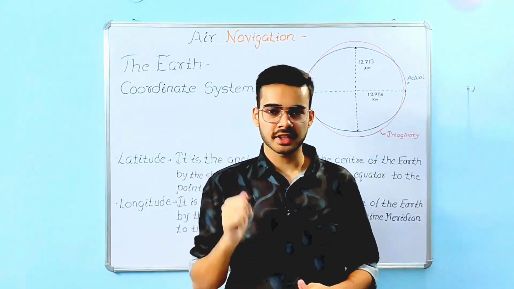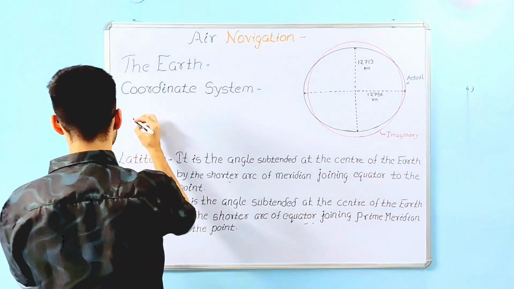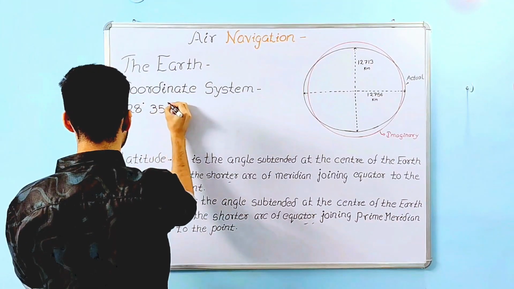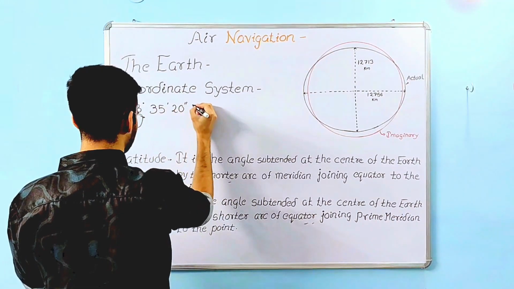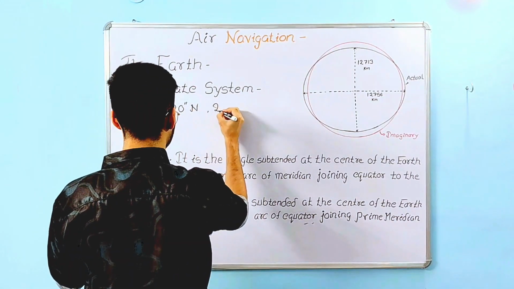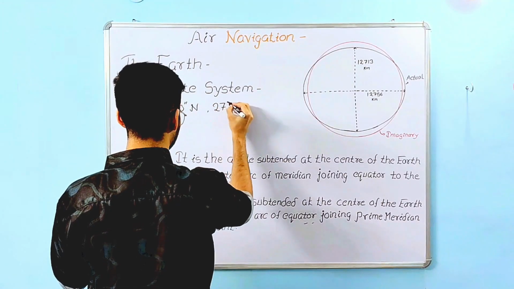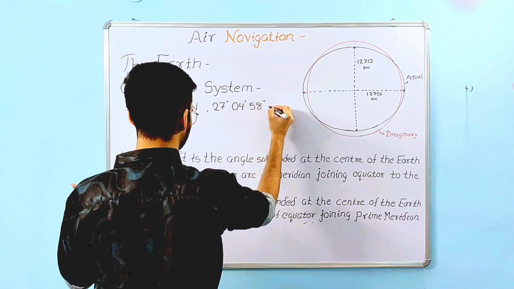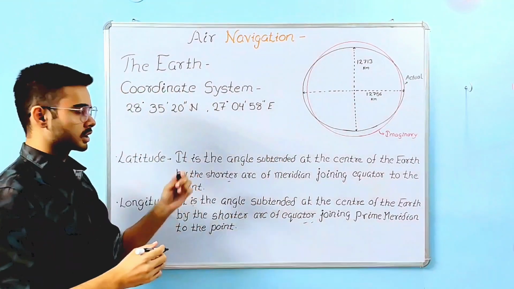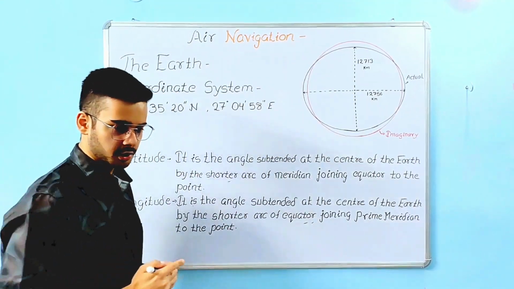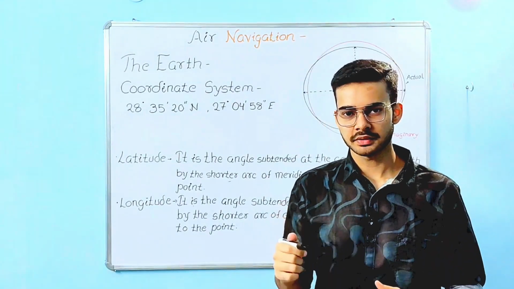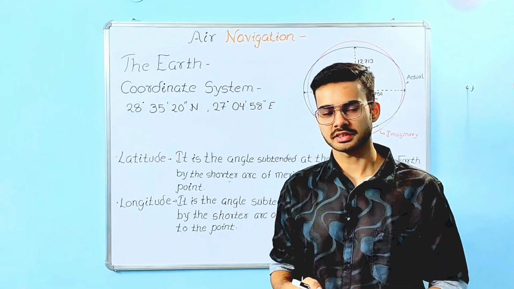Let me give you a quick example. This is the coordinate of a place in New Delhi. You could directly put this in Google Maps and it will give you the location of Palam metro station.